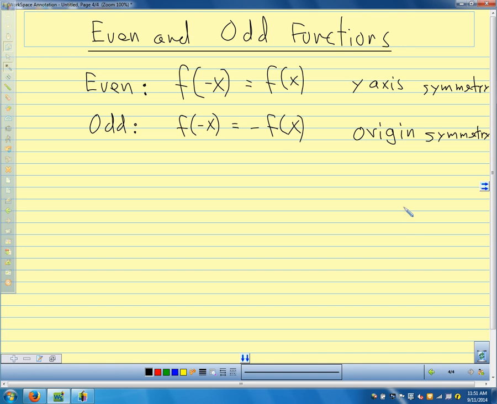Well, our sine function and our cosine function, one is even and one is odd, so that makes finding these things out nice. Cosine and the secant are even.